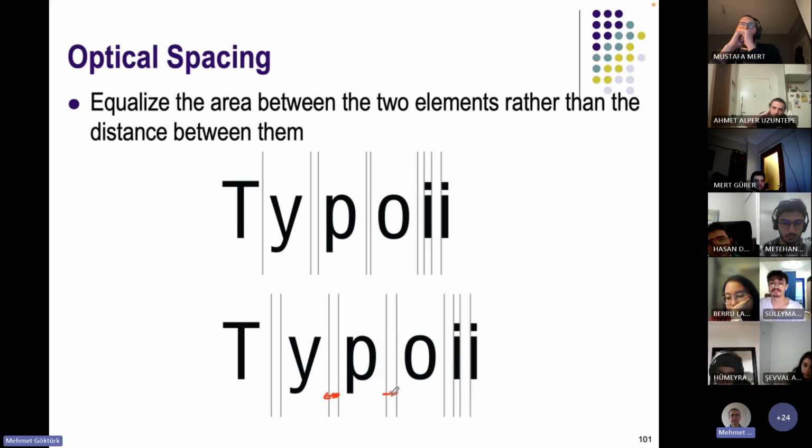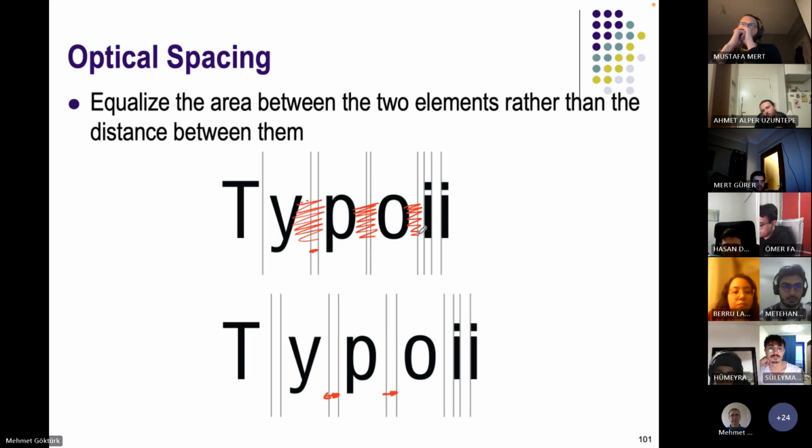To make it easier to read, it has to be proportional, not the proportion of the fonts, the proportion of the space, because these spaces affect how we perceive the word. So it has to be adjusted. This is also Gestalt, the outcome of the Gestalt principle.